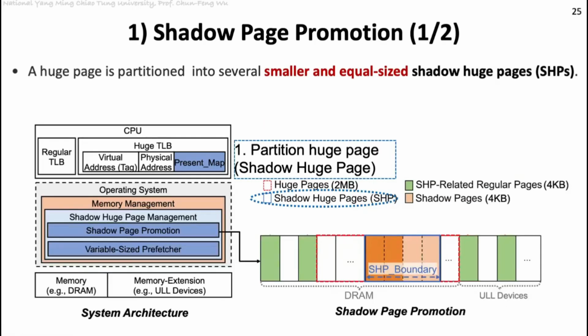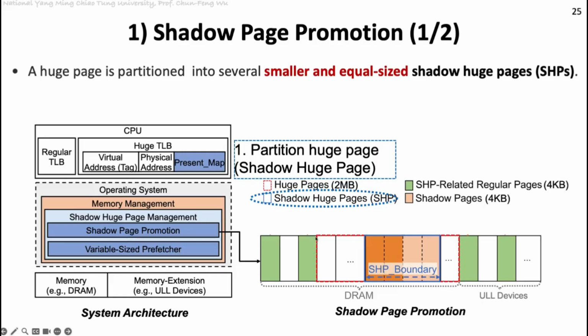Okay, so first of all, we're going to introduce shadow page promotion. In the physical address space, we have DRAM, and then we have the flash device as our swap area, right? Now, if we have a shadow huge page in the memory, a huge page is 2 megabyte, but this is too huge, so let me simplify this example.